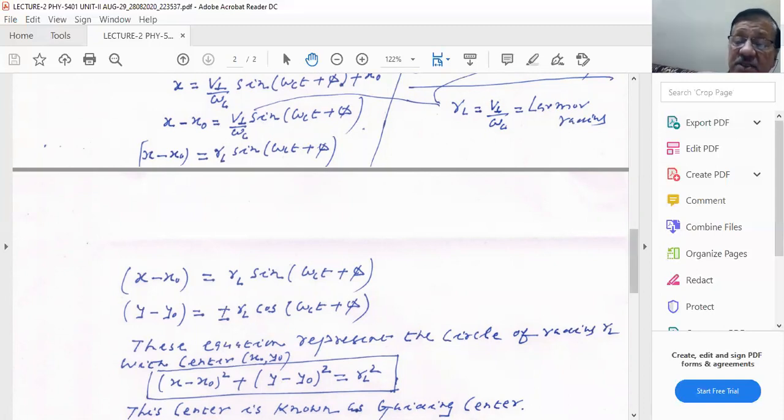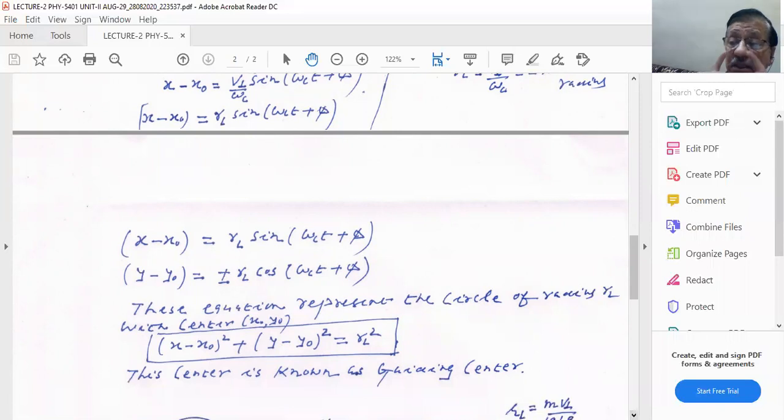If the particle has some initial velocity along the z direction, then the particle is not only gyrating but also moving along the z direction. Please remember this. If vz is 0, then the particle will describe only a circular path in the xy plane.